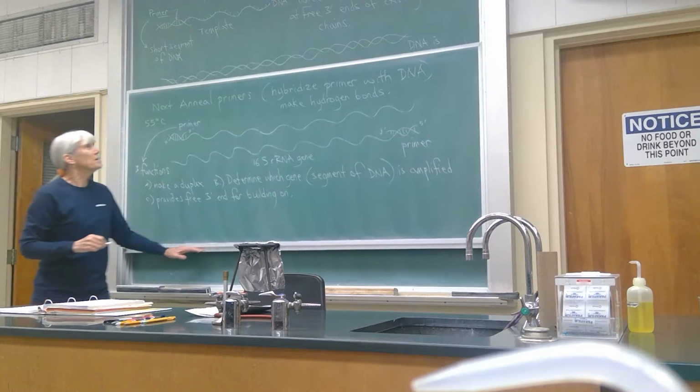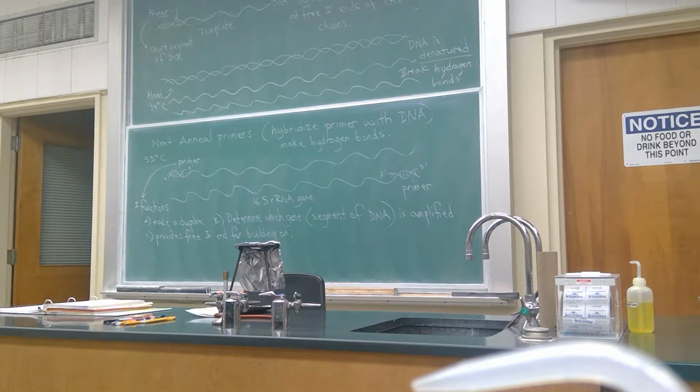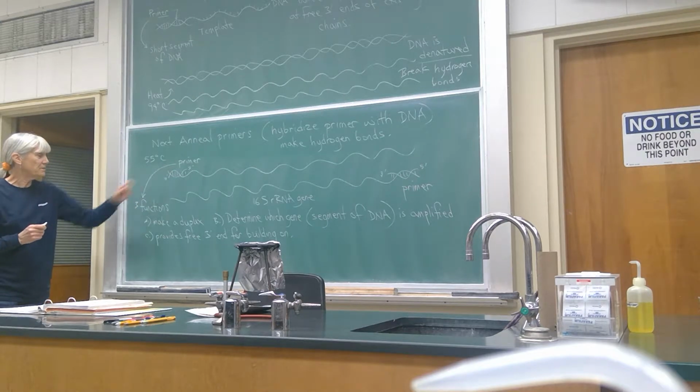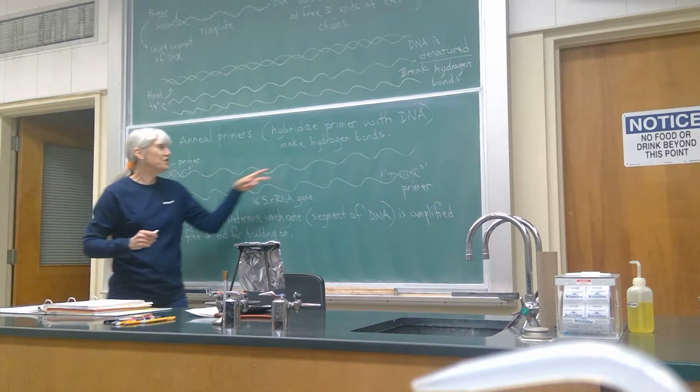The building being the formation of phosphodiester bonds, which is accomplished by DNA polymerase. Okay, these are the primary functions of the primer. Makes the DNA a duplex. Here's a little bitty duplex. It's going to provide that free 3' end, and it's going to determine which gene.